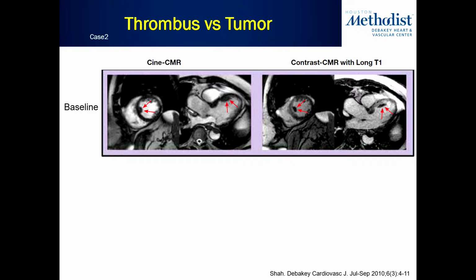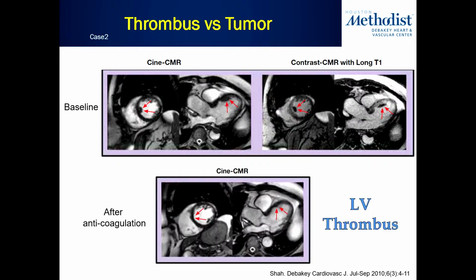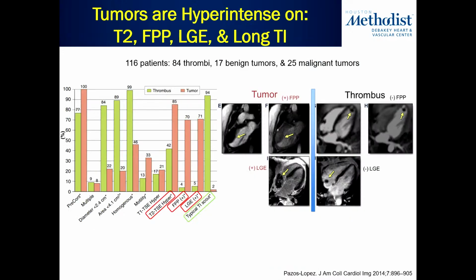So just this ability to assess the intrinsic physical, tissue characteristics of a substance can be very, very powerful. And this patient did not go to the operating room. They were put on anticoagulation, and here you can see within a short period of time, the MRI was repeated. That mass lesion is completely resolved. Again, corresponding to and supporting the diagnosis of LV thrombus.